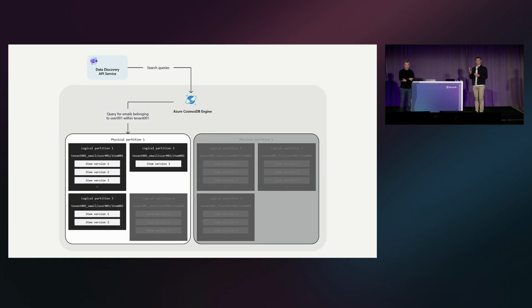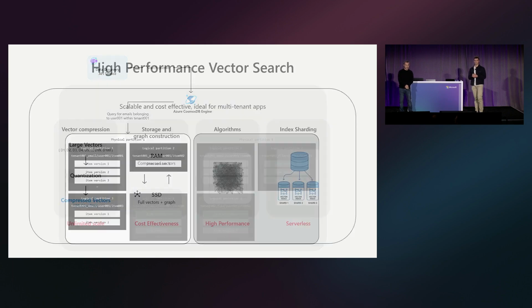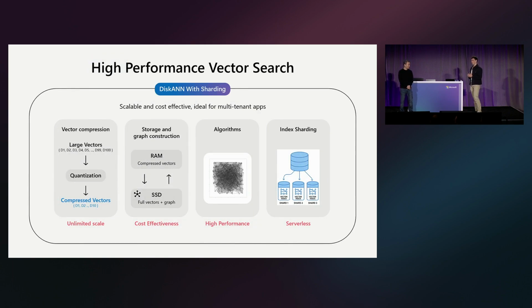So as long as we provide the tenant ID, the data type, and the user we're searching for, we can narrow down our search to a very limited space within these physical partitions. And this saves us on RU costs, and it decreases the latency for these searches. James is going to talk about some of the underlying tech that Cosmos built to make this possible.